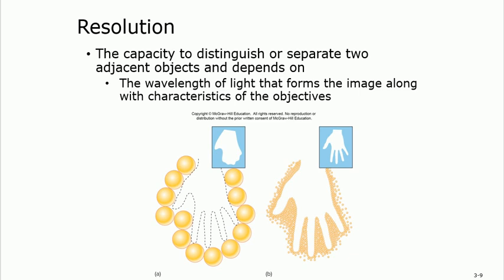Okay, so there has to be a minimal distance between those two points, depending on the wavelength of the light that's forming the image and the characteristics of the objects. So we have two elements here that give you the resolution: the wavelength and the characteristics of the objects.